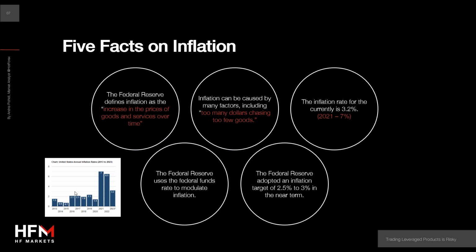Here is just a graph with the inflation rates in the United States since 2013 up to date. You can see a huge spike after the pandemic. After 2020, so 2021 at 7%, 2022 at 6.5%, and it is somewhere halfway so far this year.